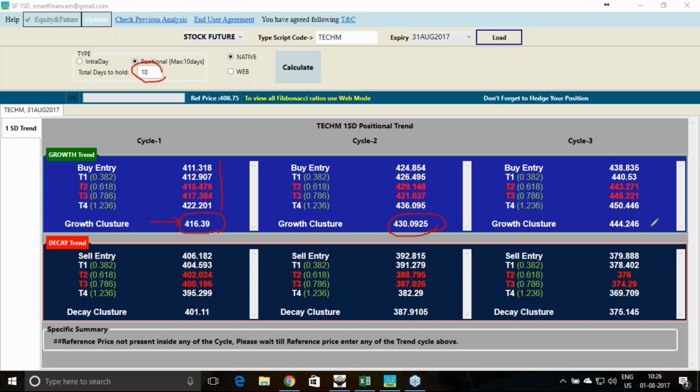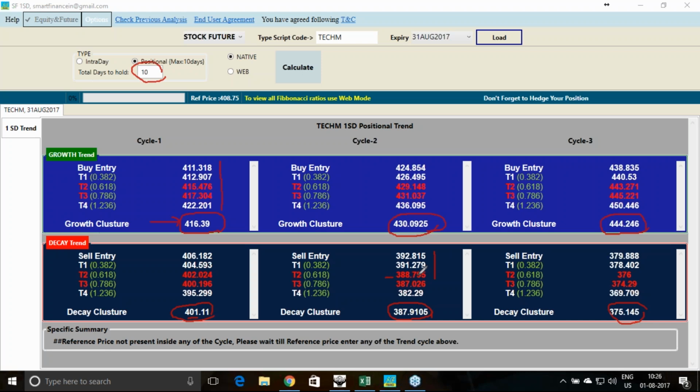If that penetrates, the next resistance is 444. In the same way, 401 currently acts as a great support. If it is broken and falls below, at 387 or 88 we can find a great support, and then the third support will be 375. Once it falls below 401, it can make all these targets.